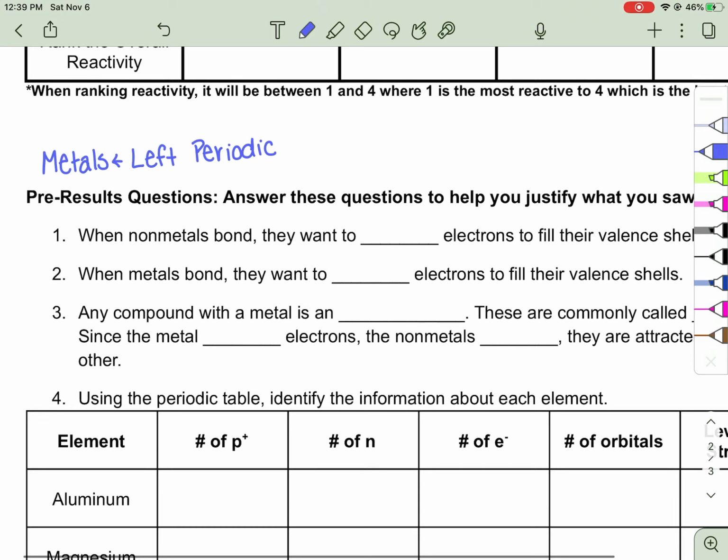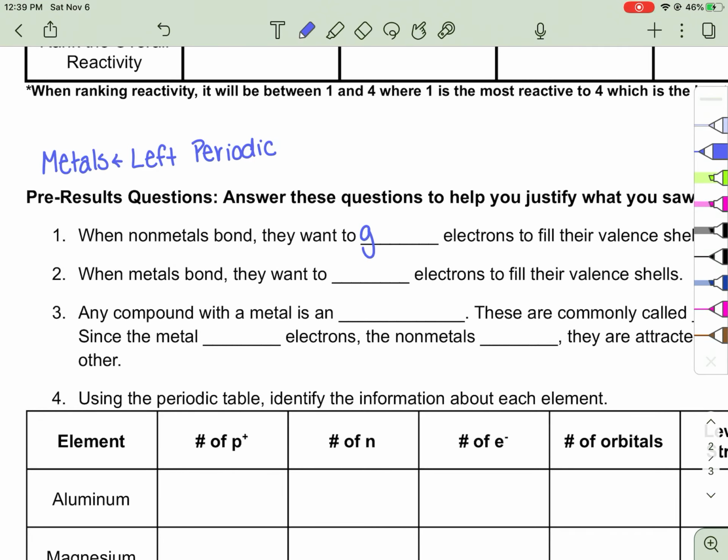So nonmetals bond, they want to gain electrons to fill their outer shell. The reason for that, when we look at the periodic table, is that our metals are all to the left of what we call the stair step, and what divides that is metalloids.